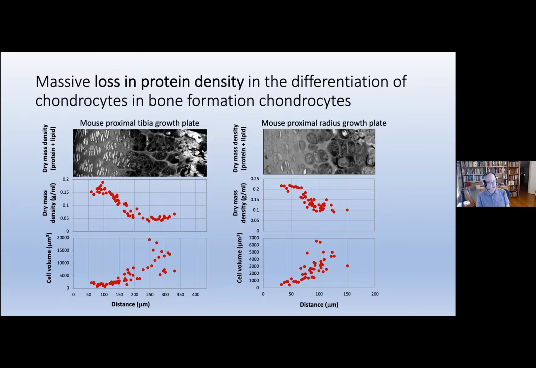The radius and the tibia have different rates and times of hypertrophy here, which are really mostly swelling and some growth in mass. So this feature of mass and volume is fairly important.